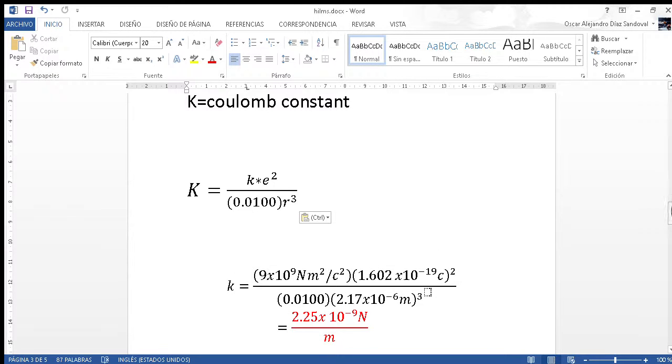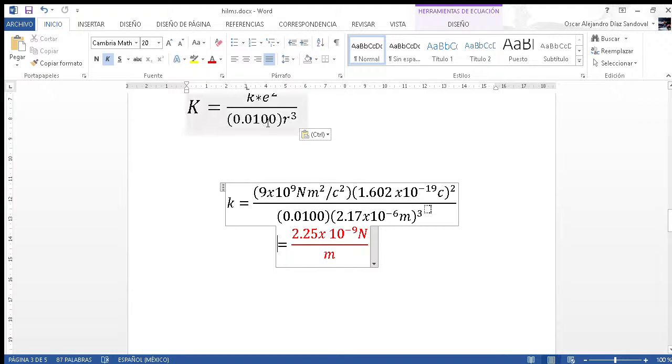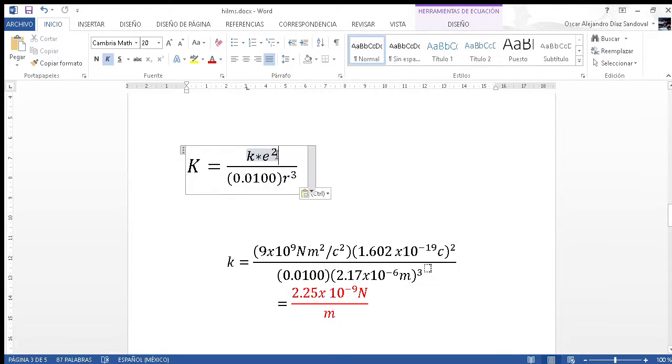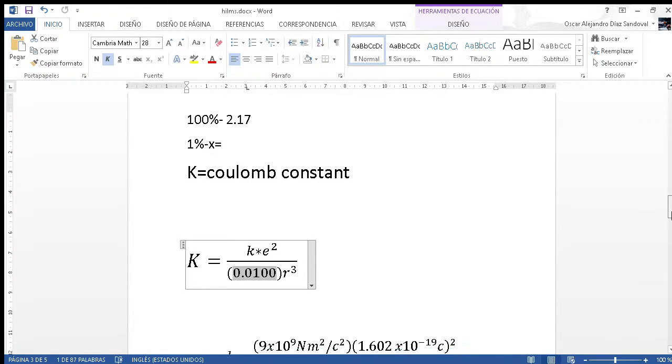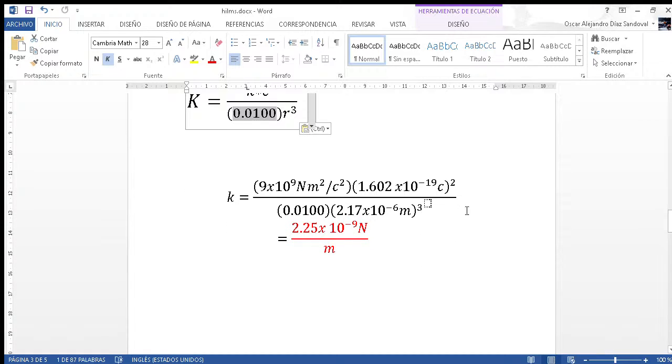So we have the charge of the electron squared, of course, like you can see here, between 0.01 that multiplies R elevated to 3, and R is 2.17 that multiplies 10 elevated to minus 6 because it's micrometers.